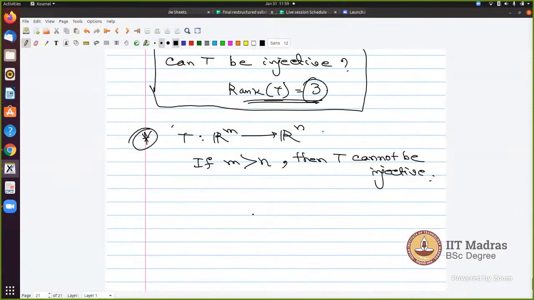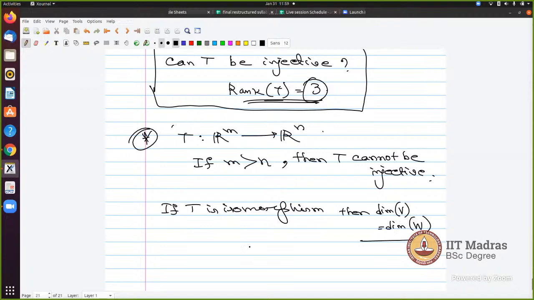And eventually, what it says is that if T is an isomorphism, then the dimension of V and the dimension of W must be equal. For this condition check, we'll first check for injectivity and then we'll check for rank and dimension. It is easier to check basically.